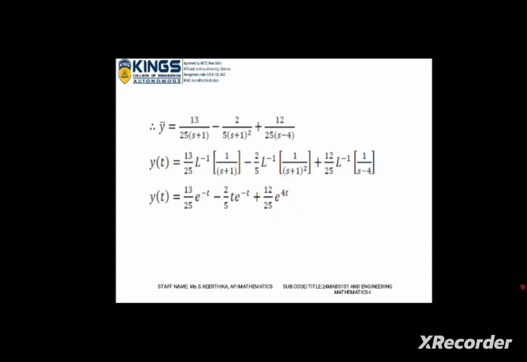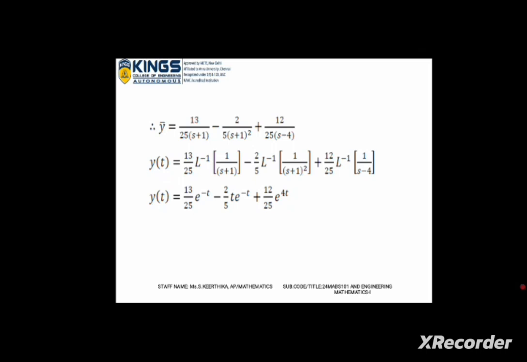See, we already know the left side is also called y bar. Then y bar equal to 13 by 25 into s plus 1 minus 2 by 5 into s plus 1 the whole squared plus 12 by 25 into s minus 4. We already know that y bar is the Laplace of y of t, so we have to put that.